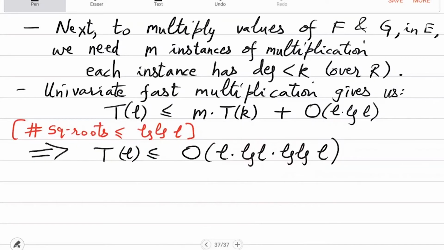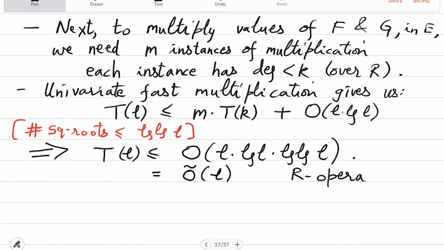That's the algorithm you have. Everything can be suppressed, and this is really soft O of L, right? It's nearly linear time, but a log factor and a log log factor is there. And remember, these are R operations.